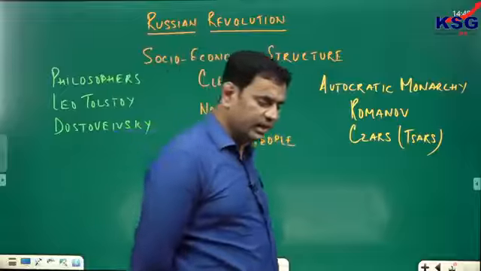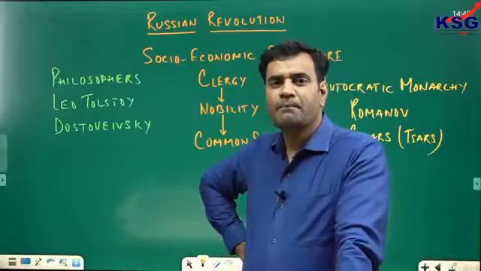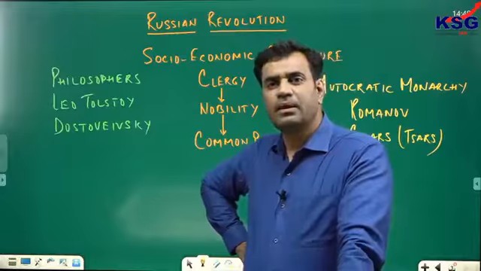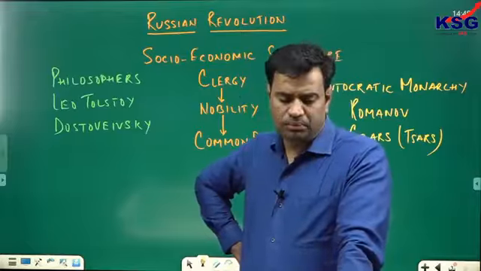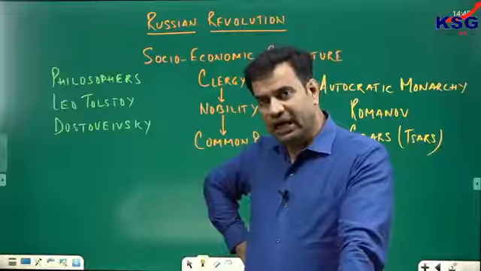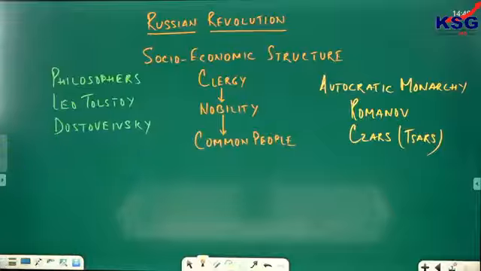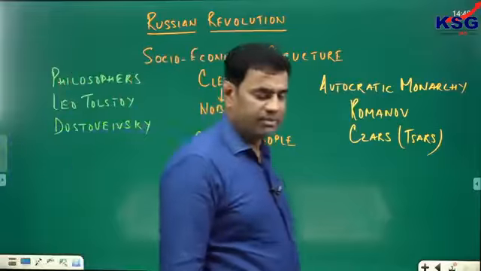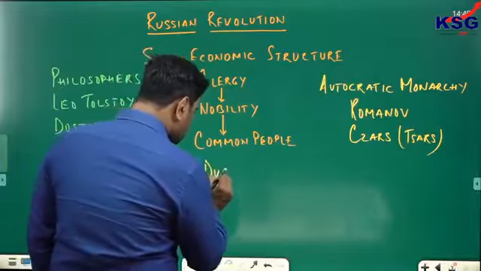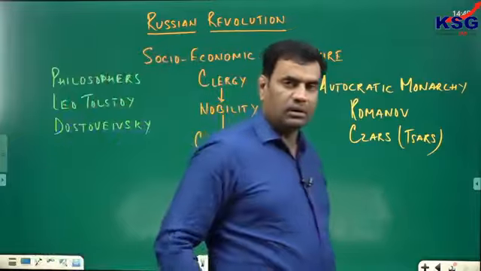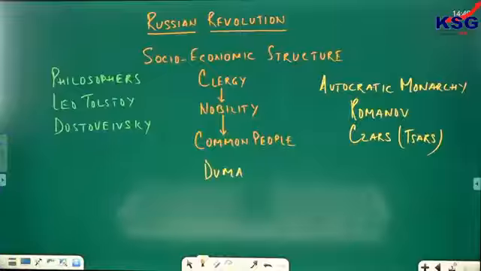Consequently, Russians demanded a certain check on the monarch through a parliamentary body. Clear? This led to the establishment of the Russian Parliament, or Duma.